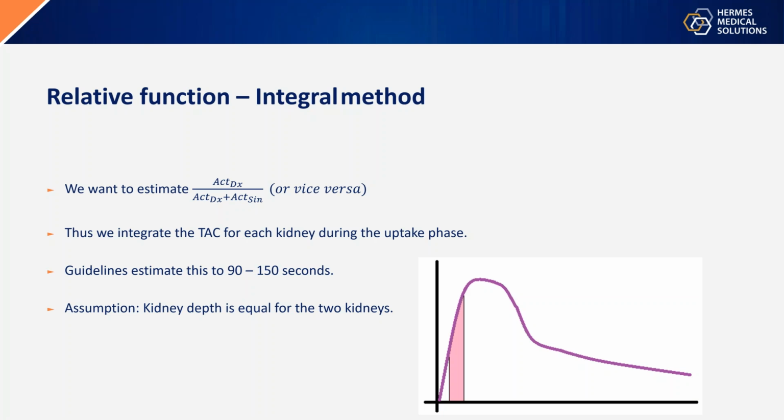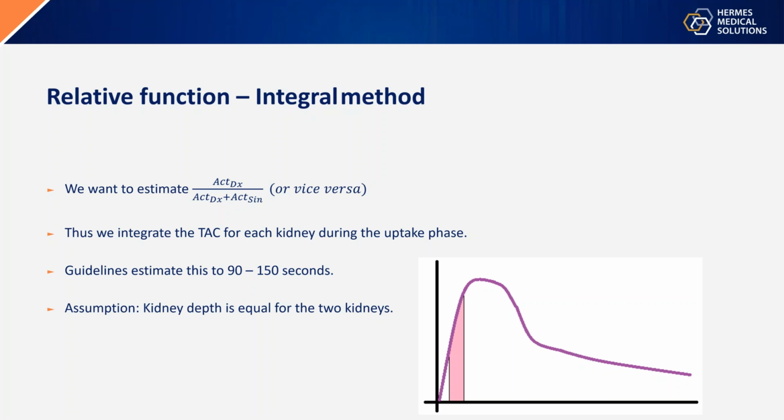You can see it highlighted in pink in the plot there. And we want to estimate the activity for the right divided by the sum of the activity for the right and left, or vice versa. It doesn't really matter which one we use. And this will give us our percentages.